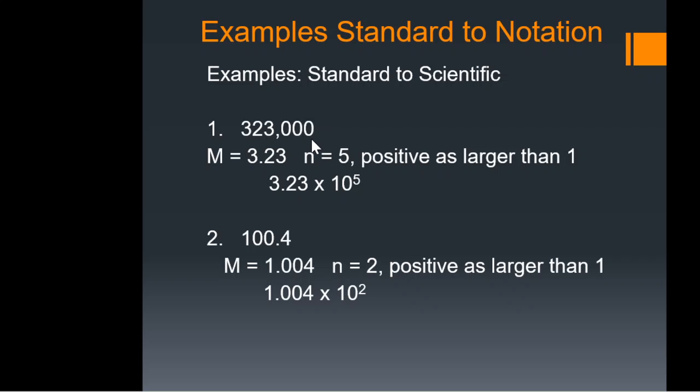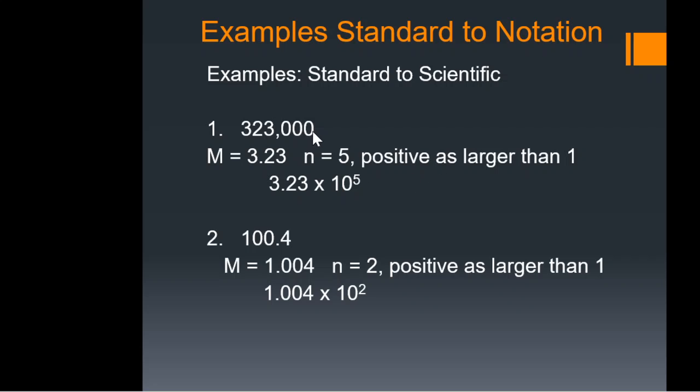We don't see it, but it's there. And so we need to move it to a number between 1 and 9. So we have to move it all the way between this 3 and 2. Here, that would be 32.3, not between 1 and 9. So we move it here in between the 3 and the 2, 3.23, yes, between 1 and 9.